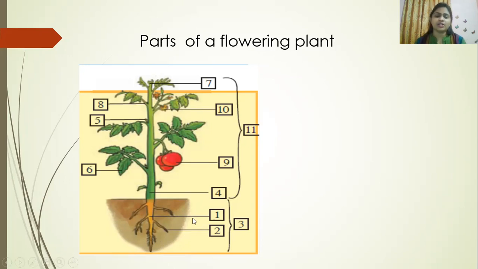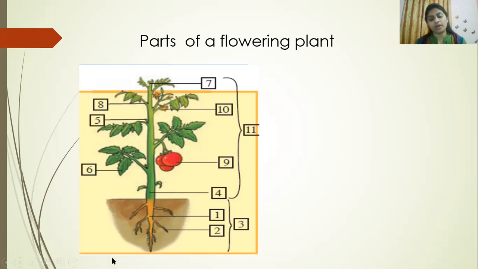Now, some plants may not have roots under the soil, like orchids, right? Roots are there in the air. But those are extreme cases. Those are deviating from the typical structure. So, this is the typical flowering plant, right? What you see in most of the places, common features are there.